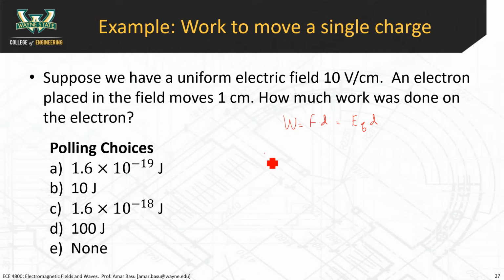Work is equal to E times Q times D. Electric field is 10 volts per centimeter. The charge on an electron is 1.6 times 10 to the negative 19 coulombs, and it's moving through a distance of 1 centimeter.